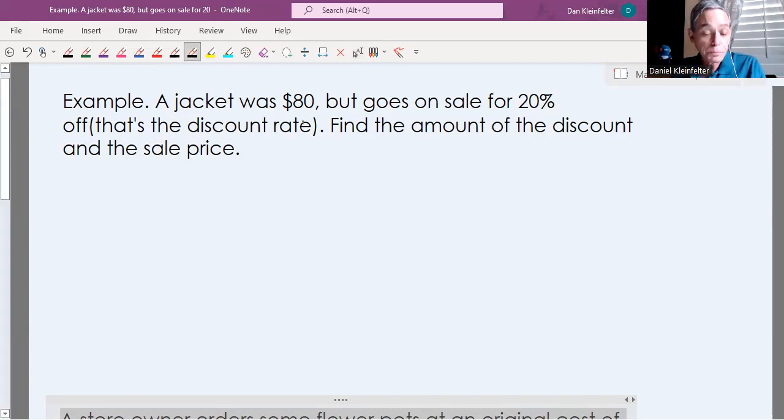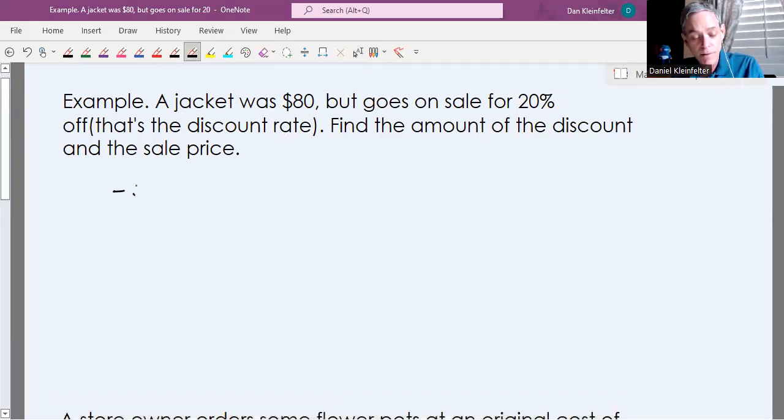Okay, so the discount is 20%, and this one is going to be easiest actually to not use the formula. So we want to find the discount of 20% from the $80.